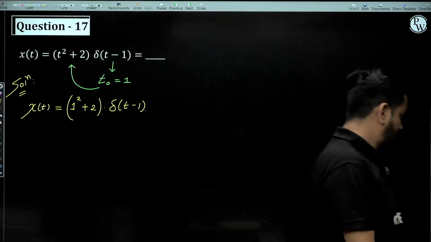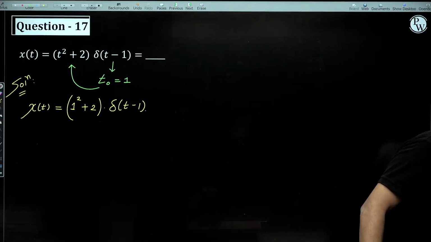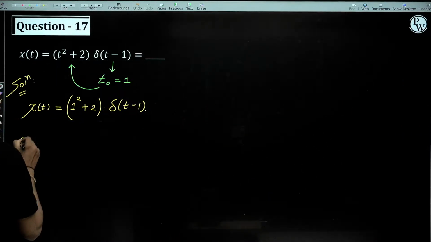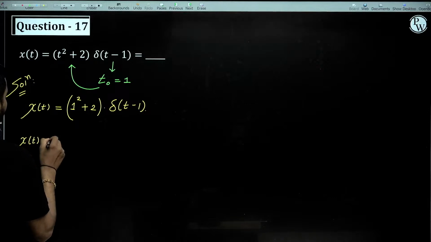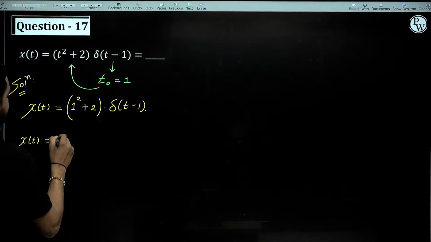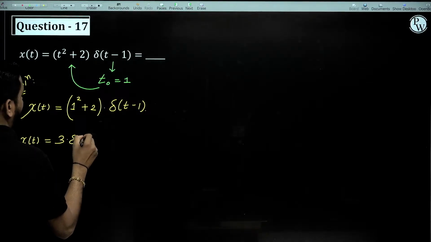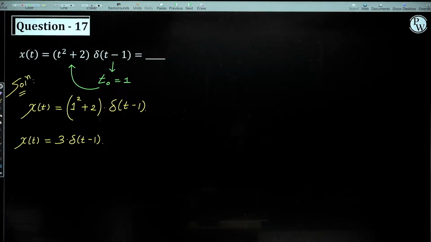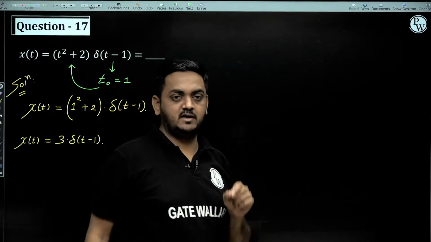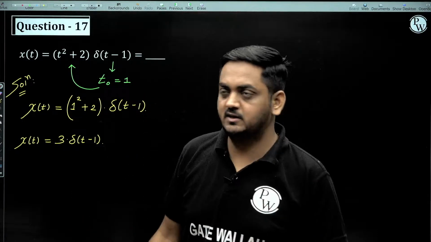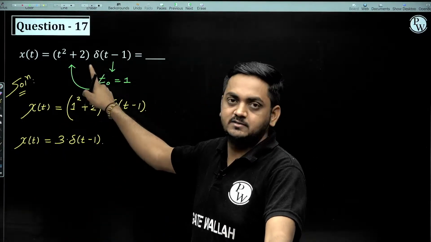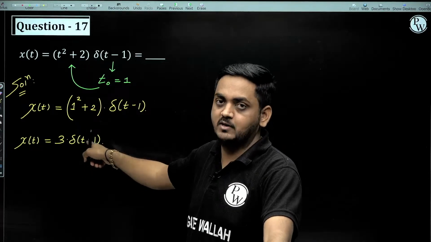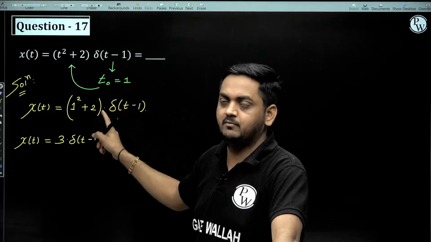Simple product property, guys, you simply have to use the product property, correct? So x of t is equal to 3 into del t minus 1. The answer is not 3, remember this. If you write the answer as 3 then it is absolutely wrong, because this is the product property, integration is missing, so that's why del t minus 1 will come in the answer, guys. This is very much important.